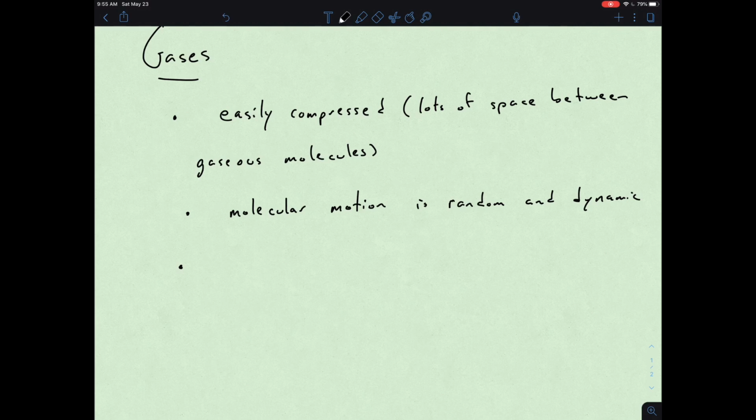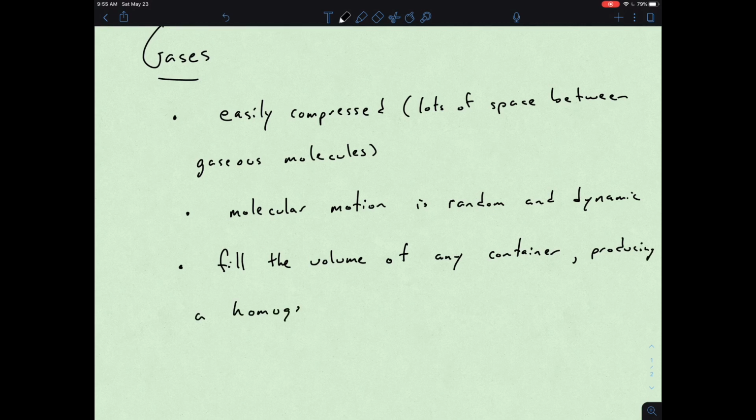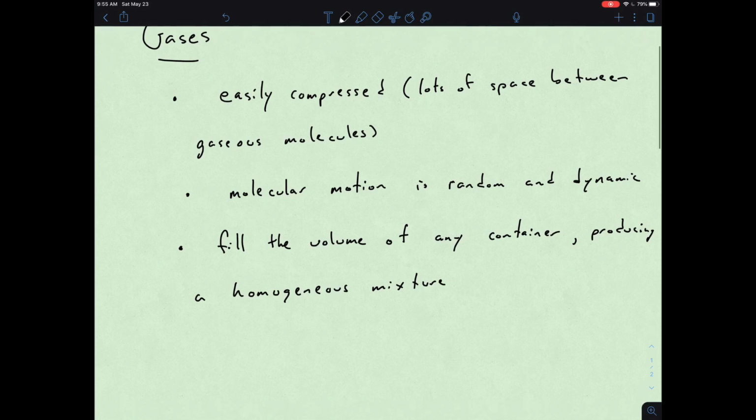Gases basically fill the volume of any container, producing a homogeneous mixture.